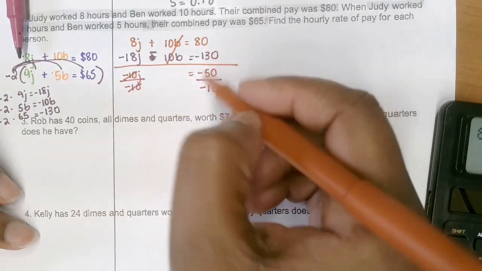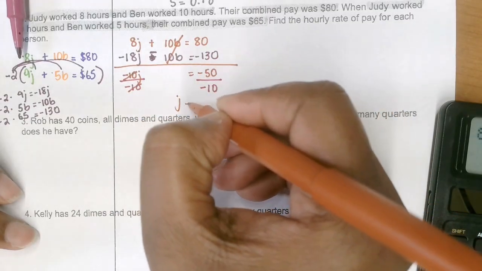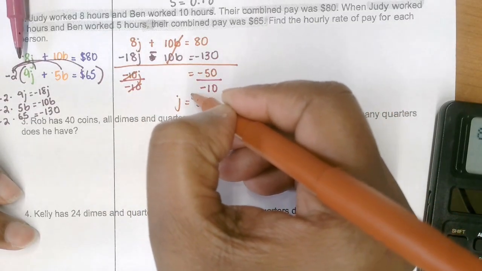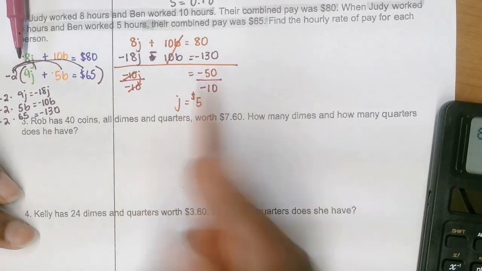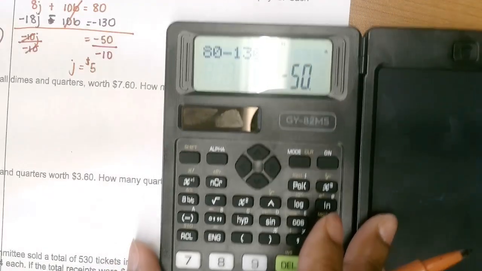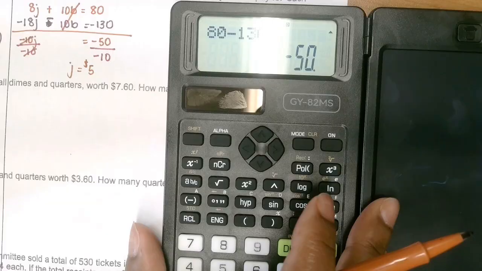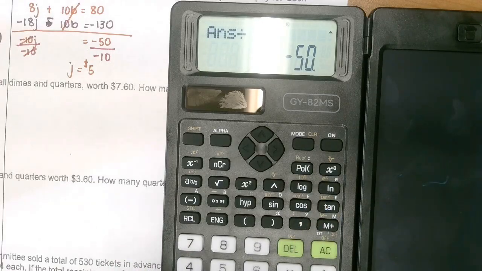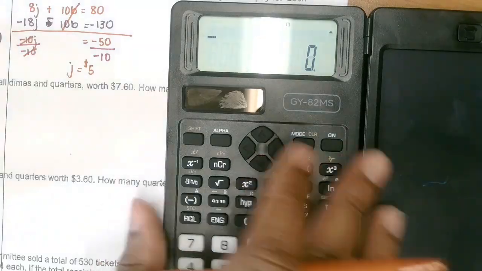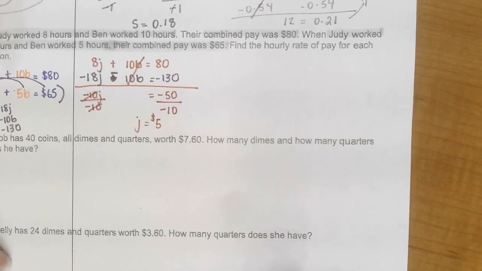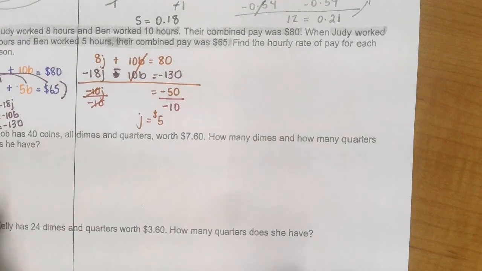These will cancel and we're left with j is equal to positive 5 because the negatives will cancel, and again, if you have issues with your signs, use your calculator. Negative 15 divided by negative 10 gives you positive 5. Do not be ashamed to use your calculator.